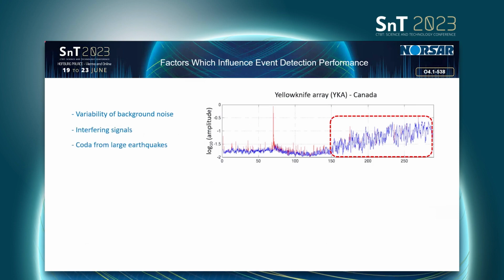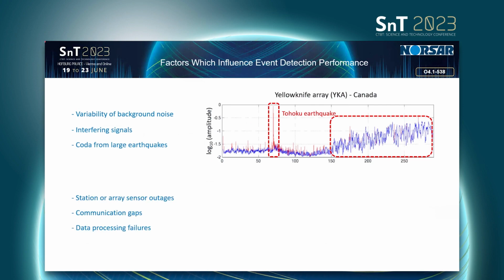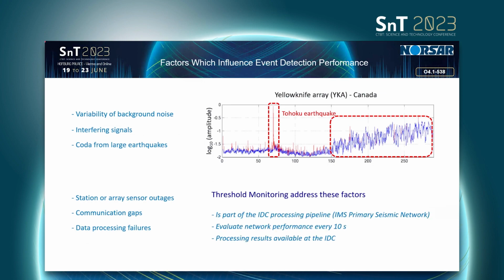You also see large signals coming in, like the Tohoku earthquake that occurred in 2011, which gave a very large increase in the amplitudes for a longer time period with the main event and the aftershocks. In addition, you have station and array sensor outages, communication gaps, and data processing failures that come into play in how the performance of your system will work.